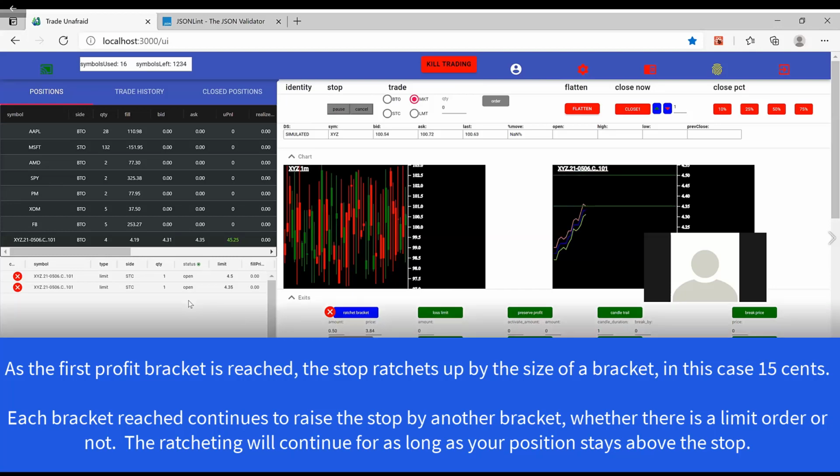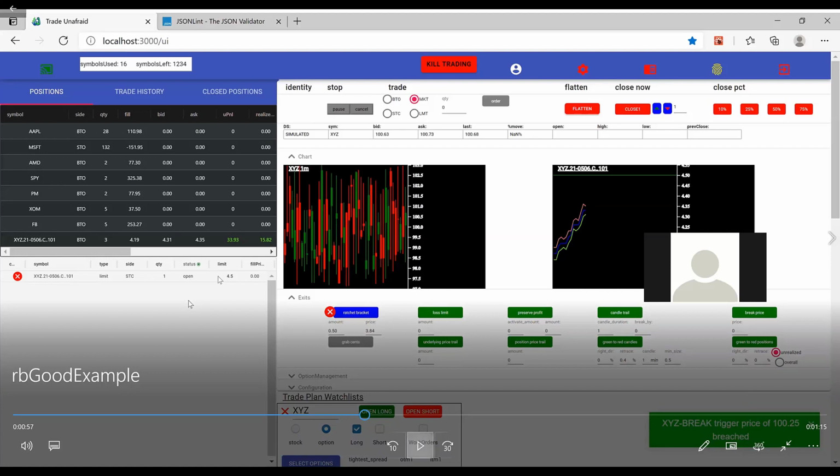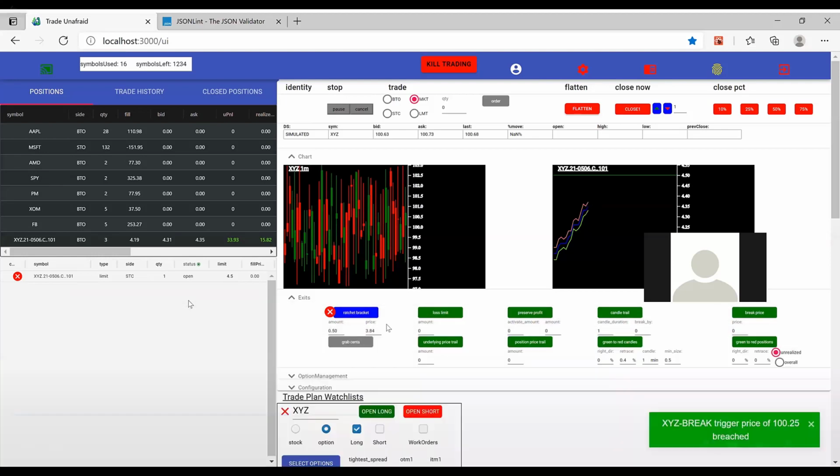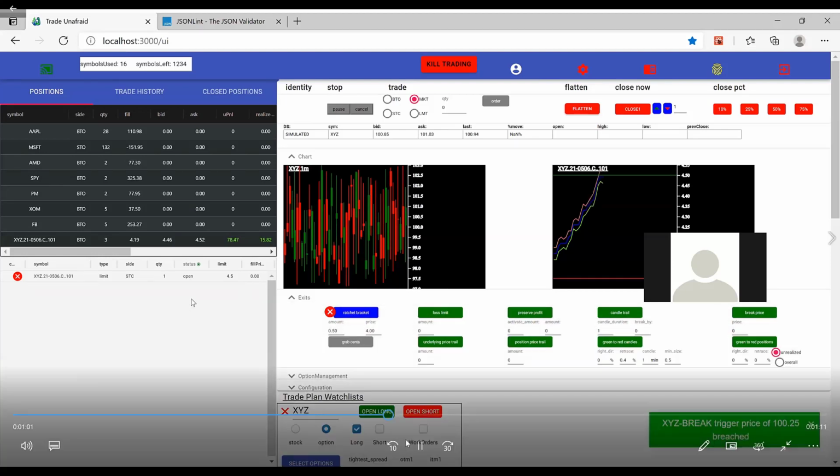The order got filled. That's the goal of the ratchet bracket: you have your orders getting filled and then a stop always coming along with it. The next one's also about to get filled, and it's going to change from 3.84 to 4, which is 50 cents minus this. Okay, it just did, and the order is about to get filled. My computer can't handle stuff and everything.